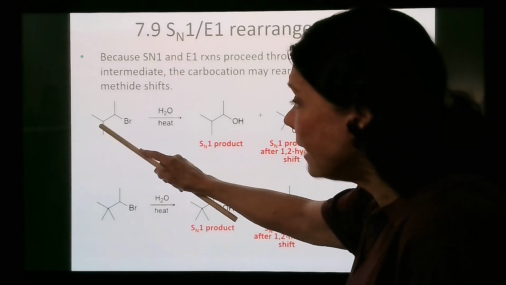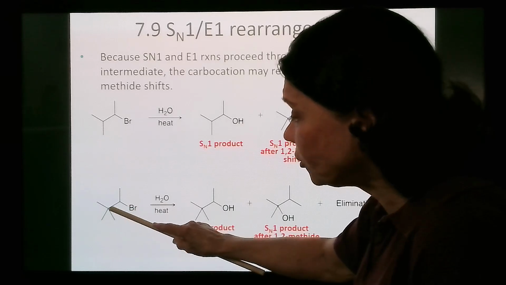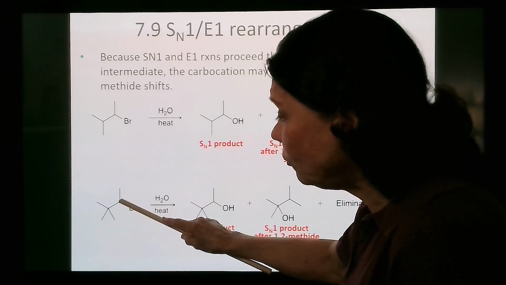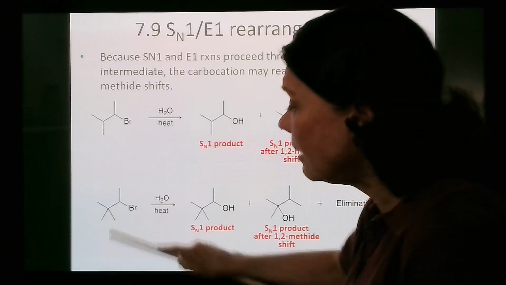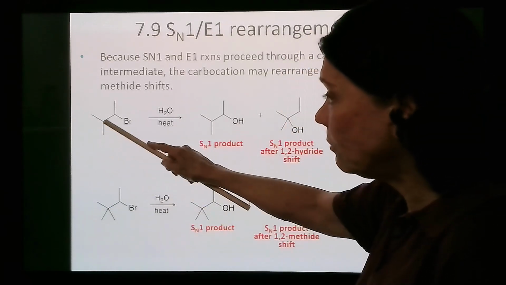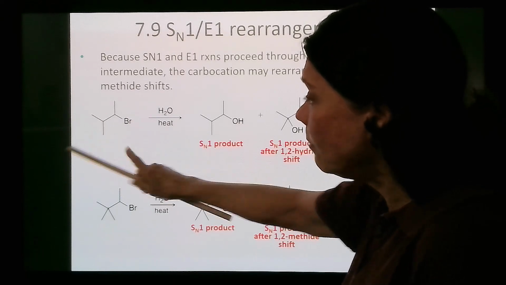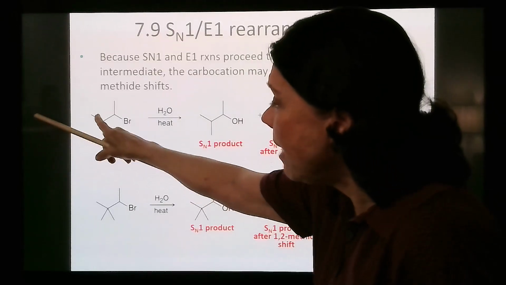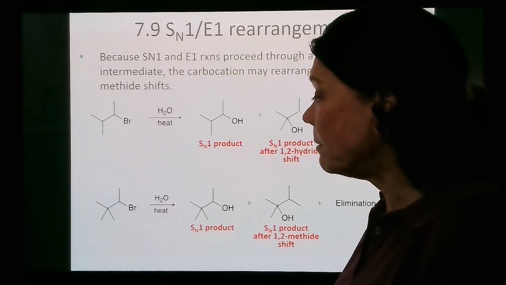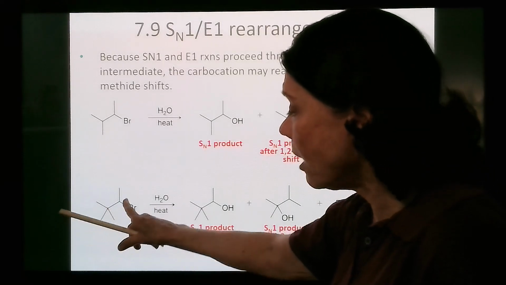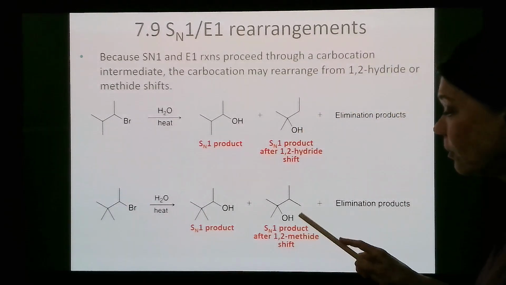So now let's look at this. Here we had a CH bond. Now we no longer have a CH bond. When bromide is lost here, the positive charge is at a secondary carbocation. You do not have a CH bond to migrate. Notice that the hydride migrated preferentially to a methyl, because it's smaller, so it's easier for it to migrate. Here you don't have hydride to migrate, so you get a 1,2 methyl shift.